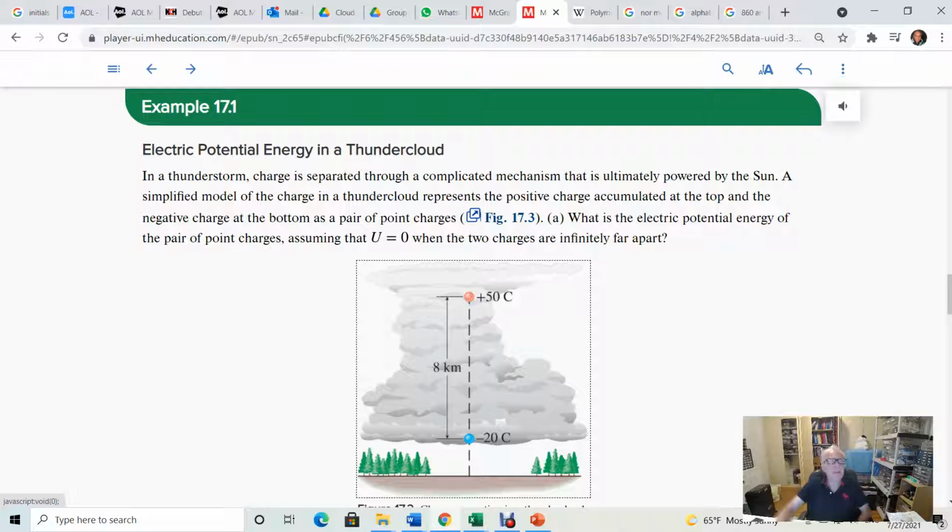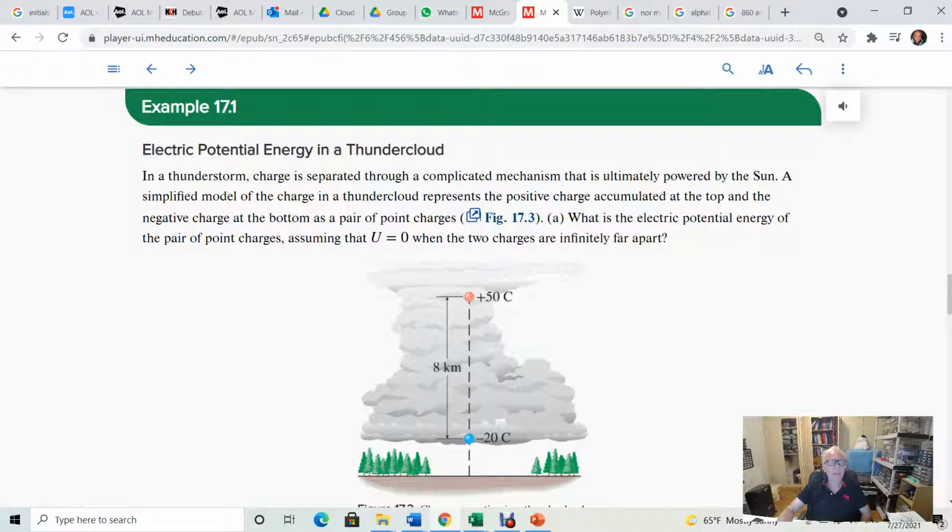Right? Let's study this example, what it's all about. In a thunderstorm, charge is separated through a complicated mechanism that is ultimately powered by the sun. Okay, in a thunderstorm, you have lots of electric charges in there.